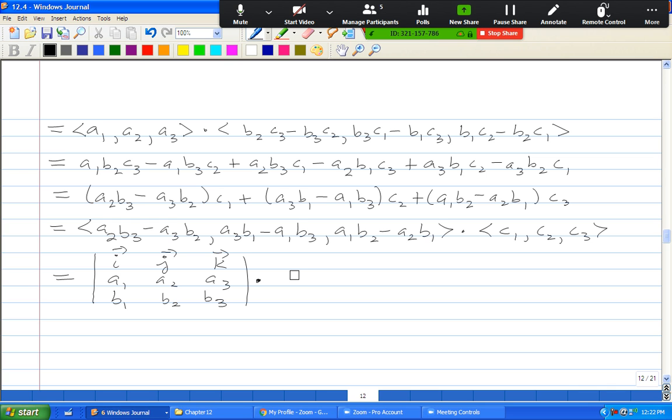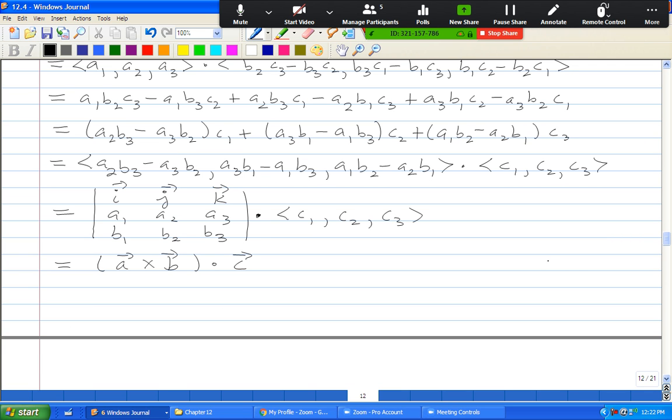Actually, since I wrote in components, let's write it. C1, C2, C3. So this is equal to A cross B dot C. And that's what you wanted to show.